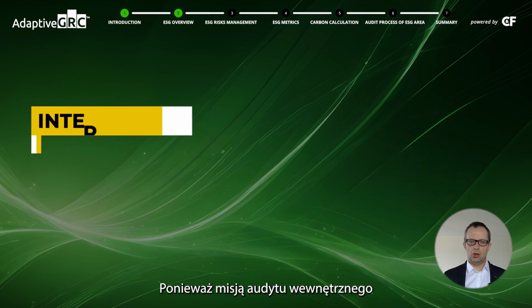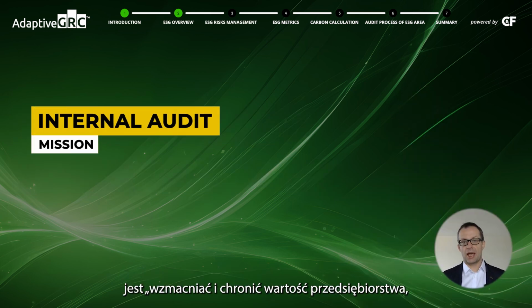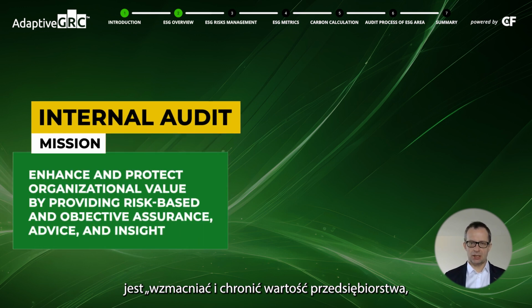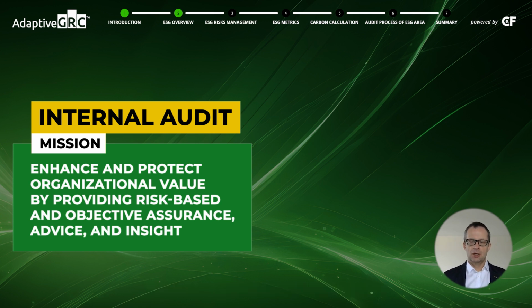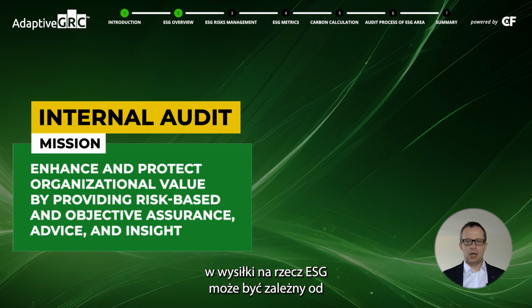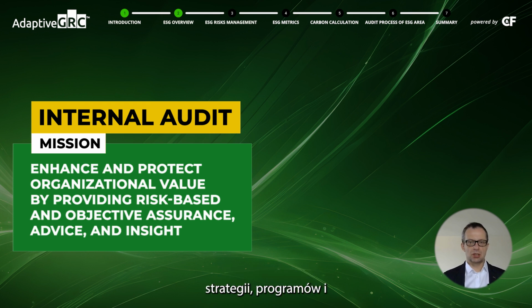Because internal audit's mission is to enhance and protect enterprise value by providing risk-based and objective assurance, advice, and insight, its involvement in ESG is of the greatest importance and a natural fit. However, internal audit's contribution to ESG efforts may be influenced by and dependent on the organization's ESG ambitions, strategy, programs, and reporting requirements.